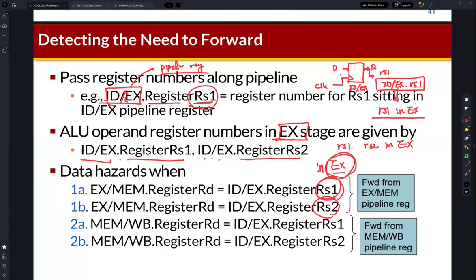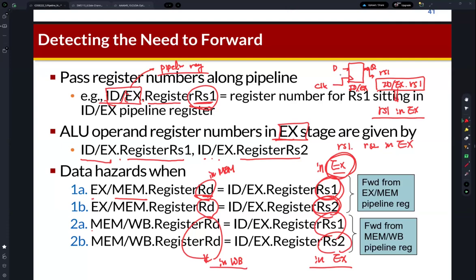So these are RS1 and RS2 in the EX stage. And then we need to check the RD. What is this RD? You can find EX/memory, so this is the RD in the memory stage. And what is this RD? You can find that this is memory/write back, so this is the RD in the write back stage.